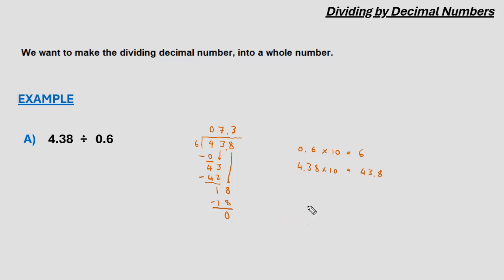So as 43.8 divided by 6 is effectively the same sum as 4.38 divided by 0.6, our answer here is the answer to the original division sum. So 4.38 divided by 0.6 is 7.3.